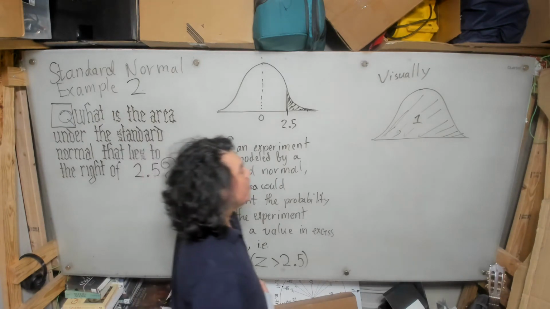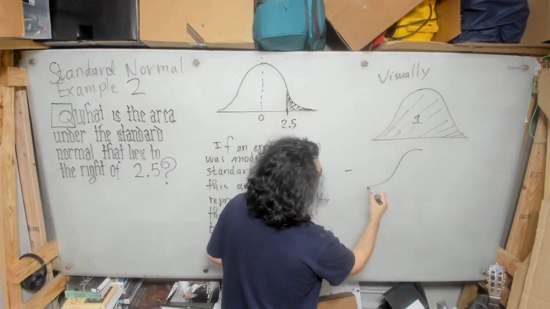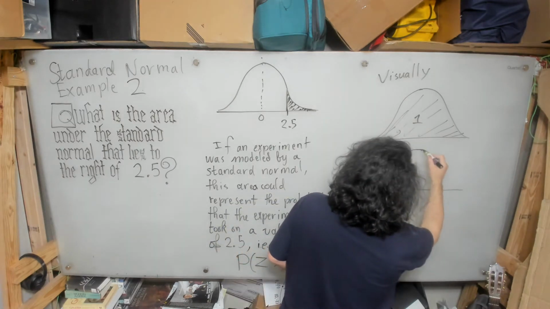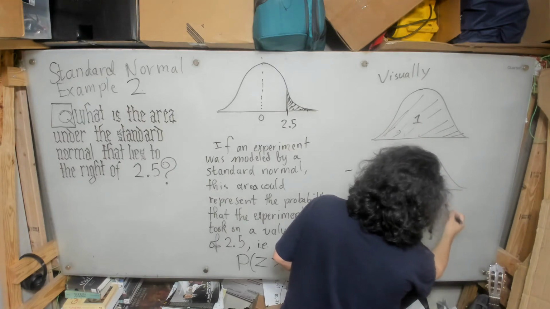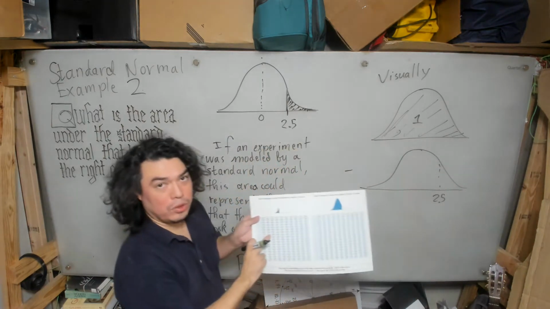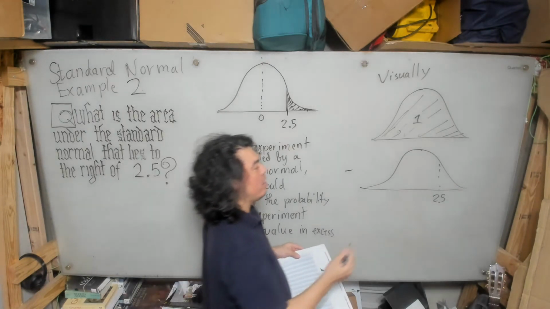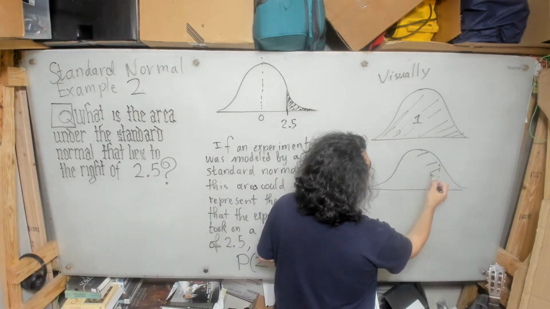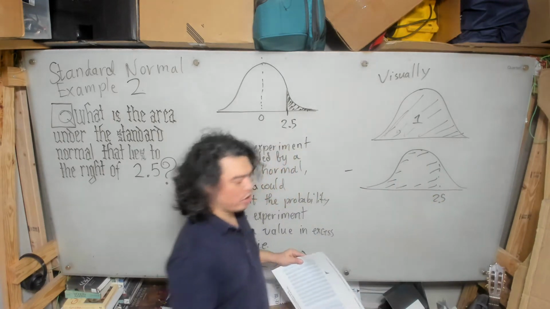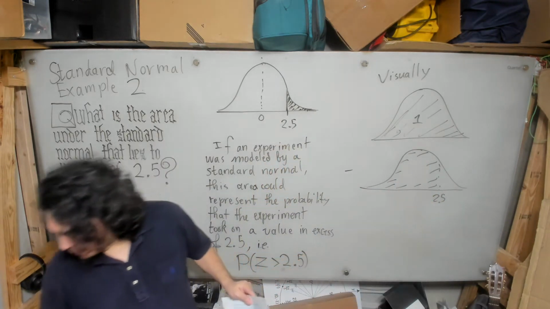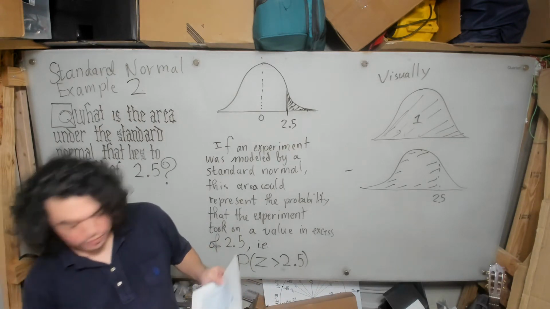And we're going to take away from that the area that lies to the left of 2.5. So let's say this is 2.5. My standard normal table will let me calculate the area to the left of 2.5. And I encourage you to look at the table with me.